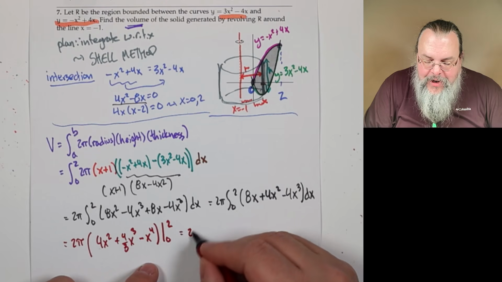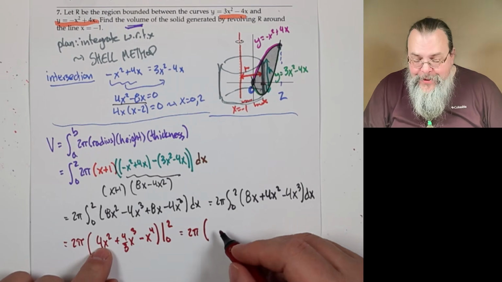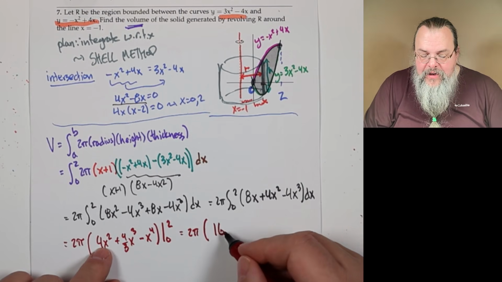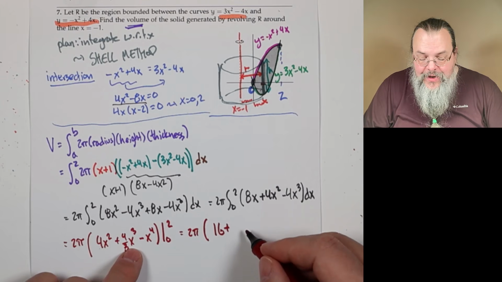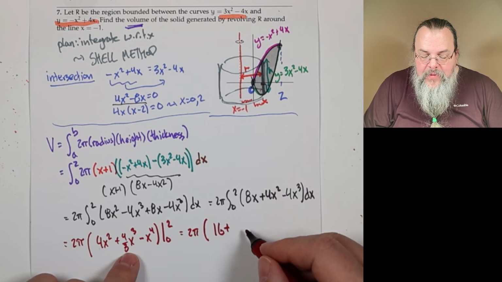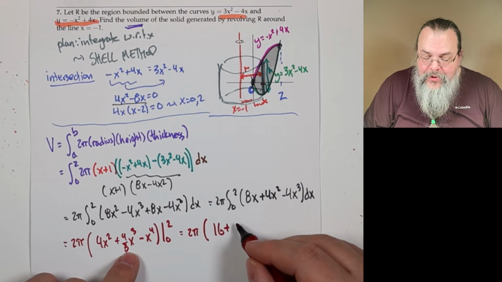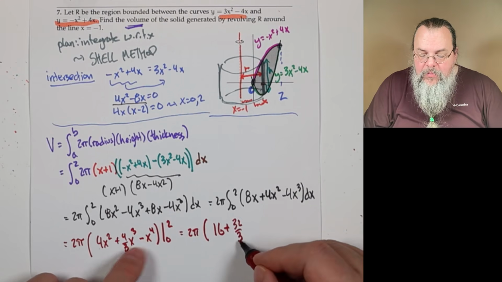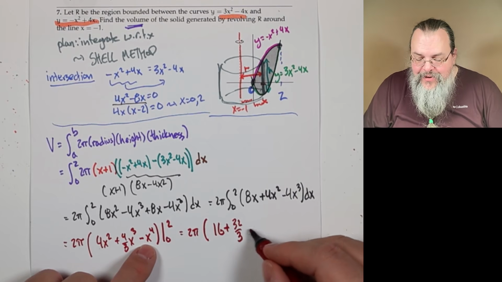So, this is 2 pi. 4 times 2 squared. 4 times 4 makes 16. Plus 4/3 times 2 cubed. Okay, well, that'd be 4/3 times 8. That's 32/3. Minus 2 to the 4th. All right, 2 times 2 times 2 times 2 is 16.